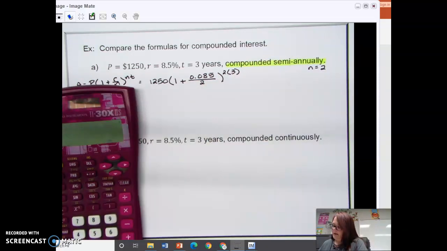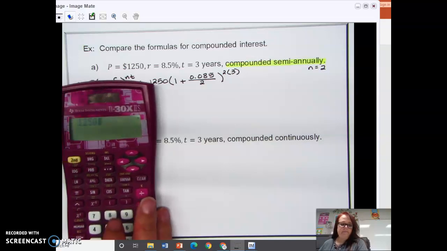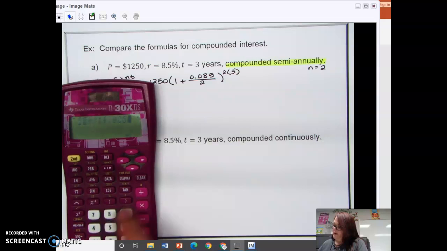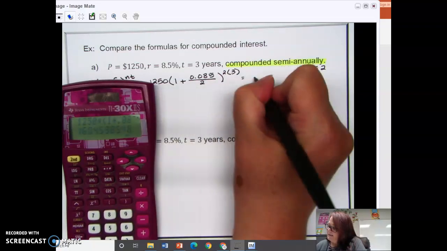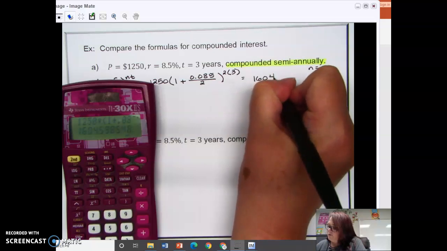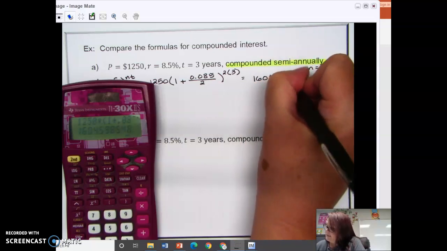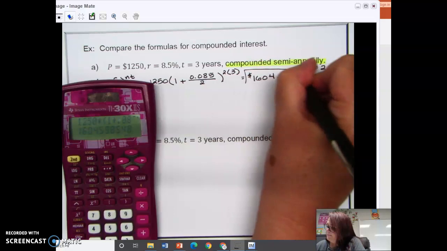So that means we're going to have 1250 times parentheses 1 plus 0.085 divided by 2, close the parentheses, to the power of parentheses 2 times 3, and we get $1,604.60 if we round to the nearest penny.